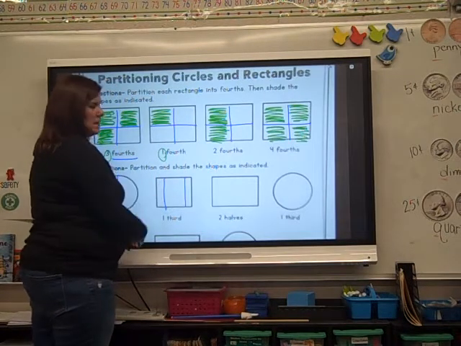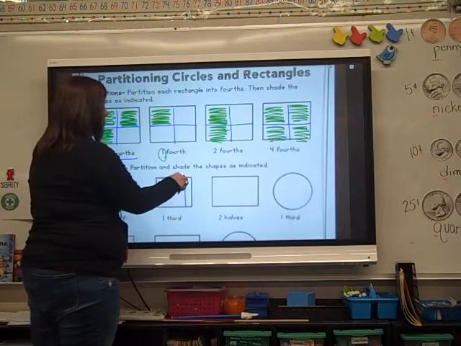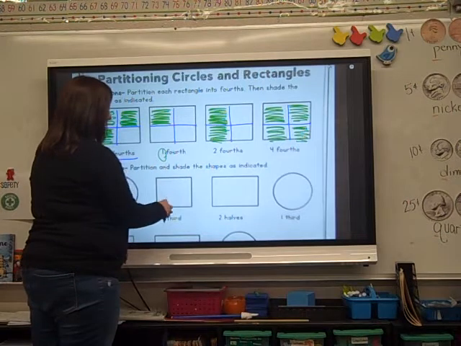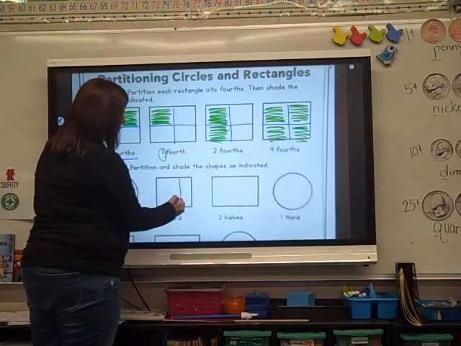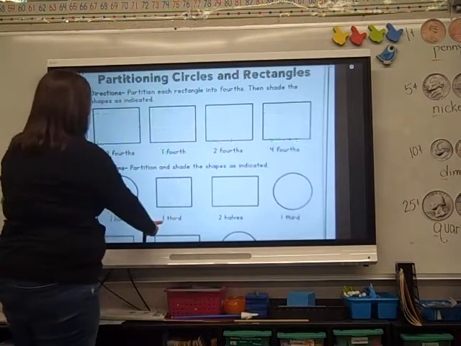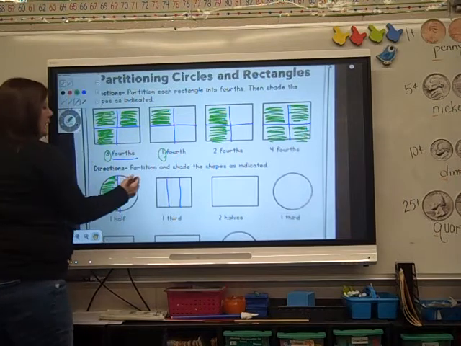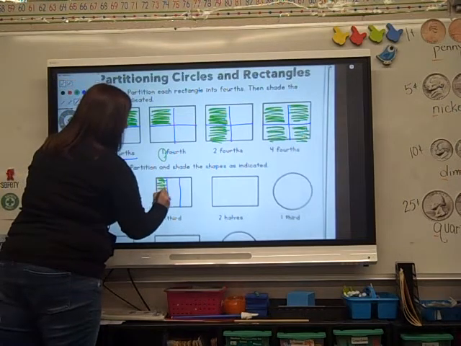Because that middle piece is awful big. Alright? Got to make sure they're equal. So cut it into equal pieces. And it says to color how many pieces? 1. 1/3.